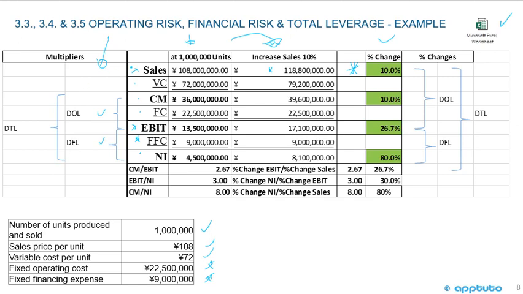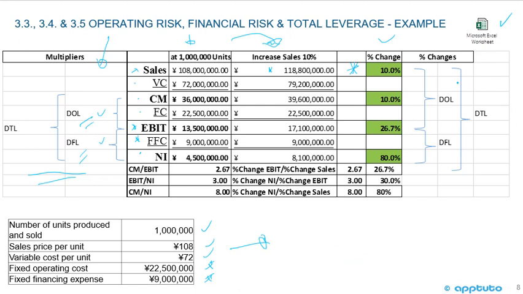So if you can remember the contribution margin income statement and think of your multipliers in this way, I think that's the easiest way to understand it. And then when they give you a question, sometimes it's easy, even within the 90 seconds or a little bit more, to run out your contribution margin income statement and then calculate your multipliers in this way, okay?